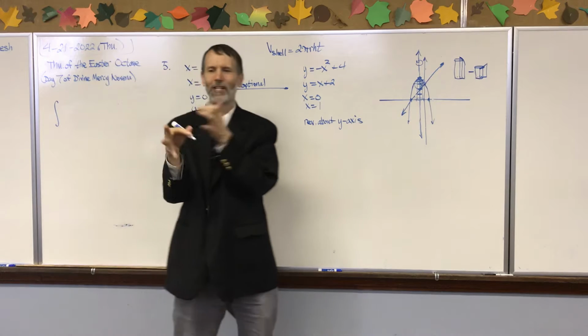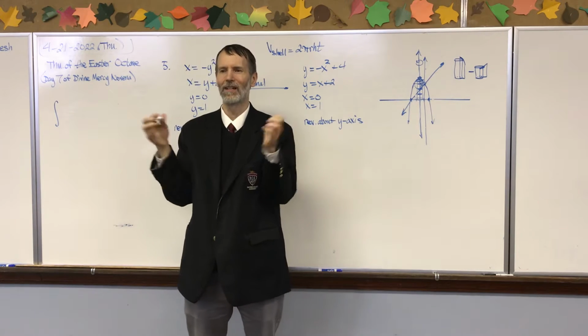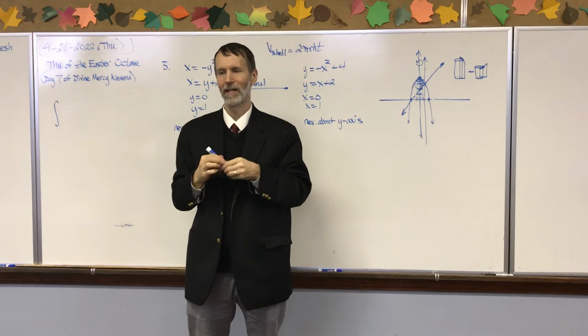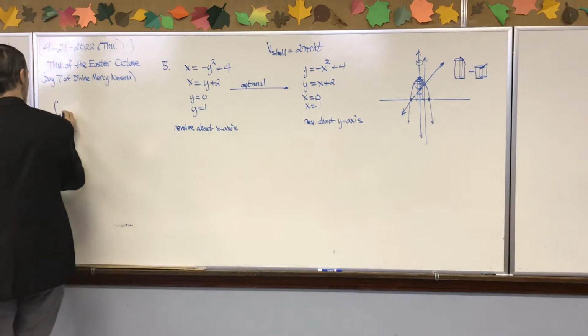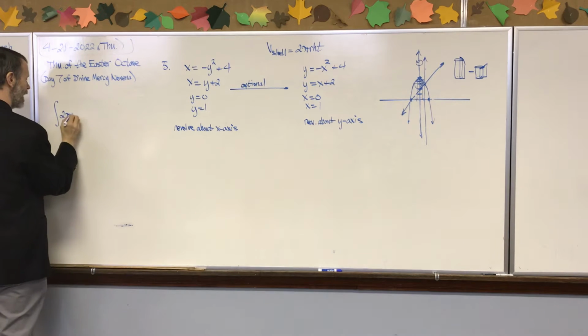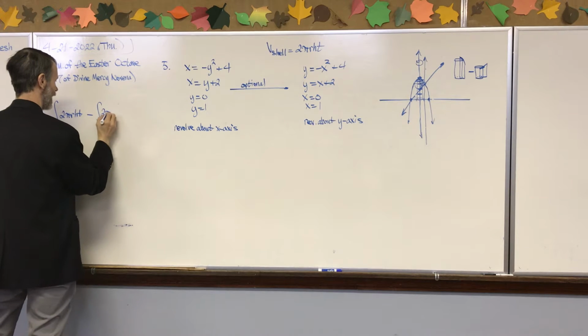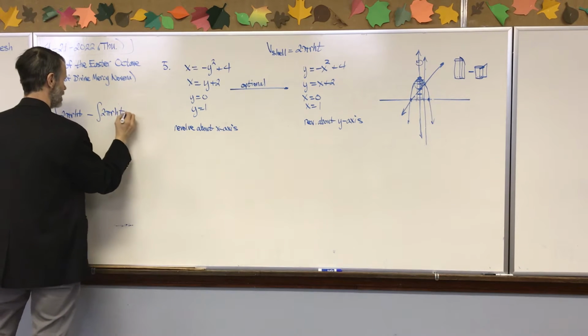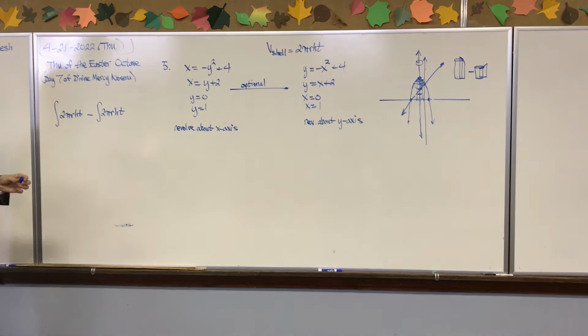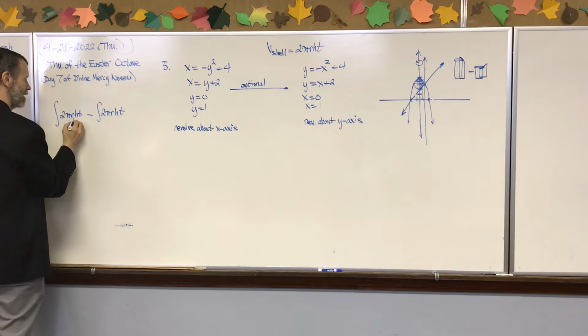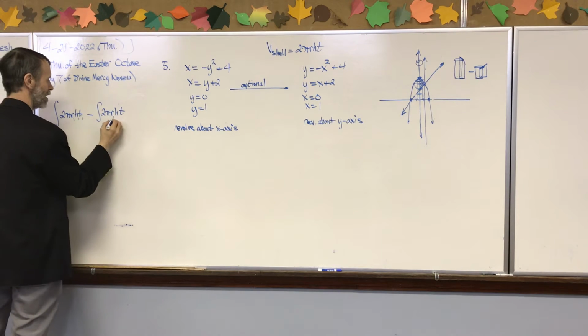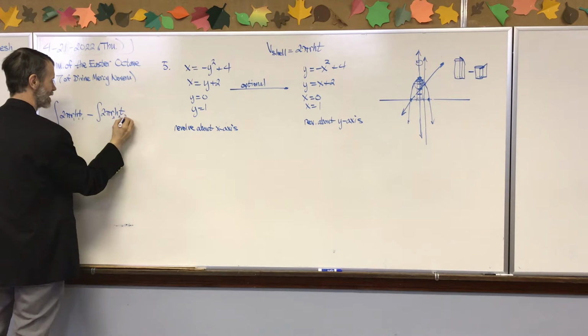To get all the shells together, you have to use what, Max? The integral. So you're going to do the integral of 2 pi r h t minus another integral of 2 pi r h t. The only difference is going to be, this is going to be the first radius, height, thickness, this is going to be the second radius, height, thickness.